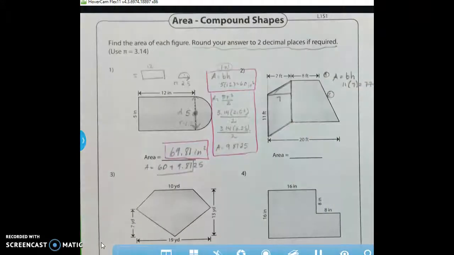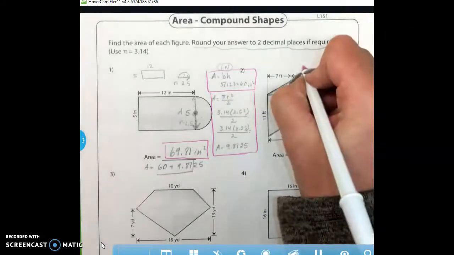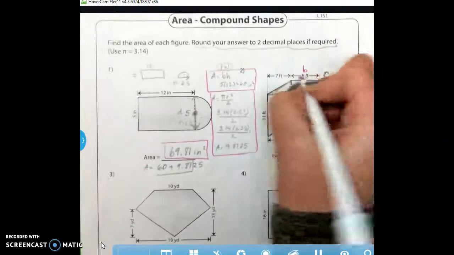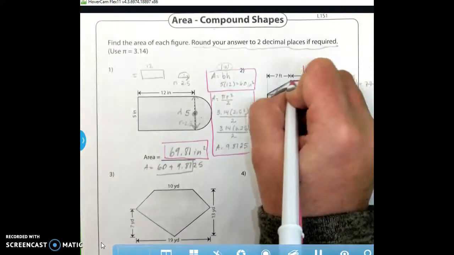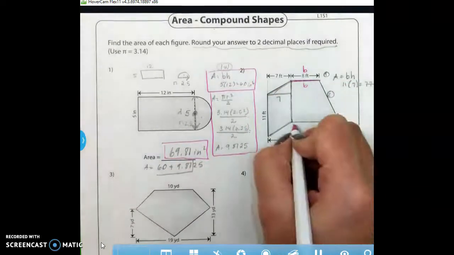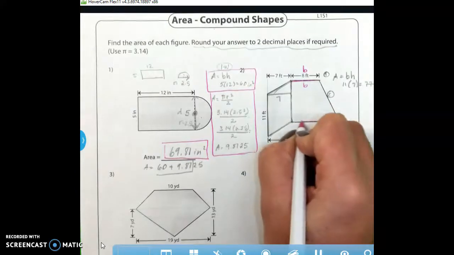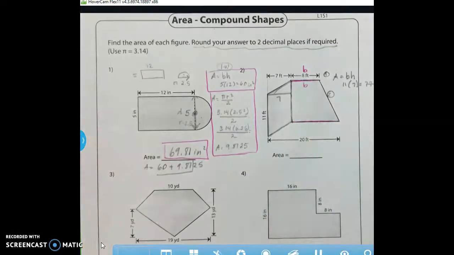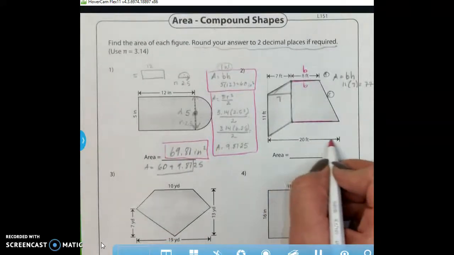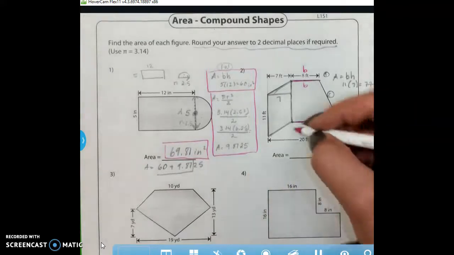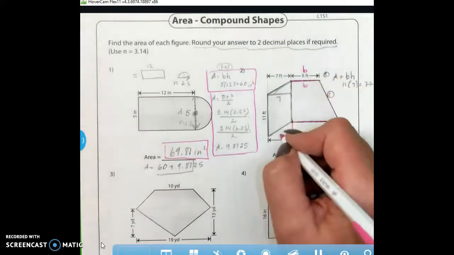For our next shape, we have a trapezoid. So with the trapezoid, during your review, we talked about that there's two bases. This base is 8 feet. This is our second base, which would be 20. This is the total measure. This was 7.